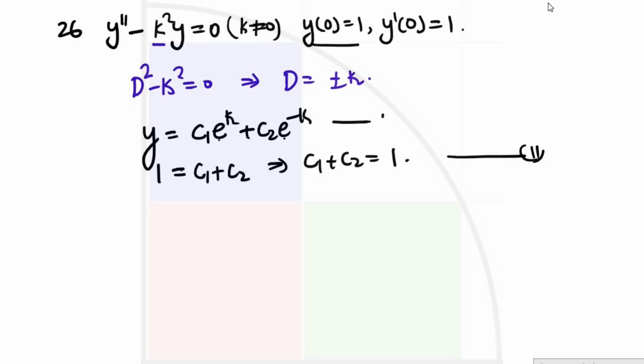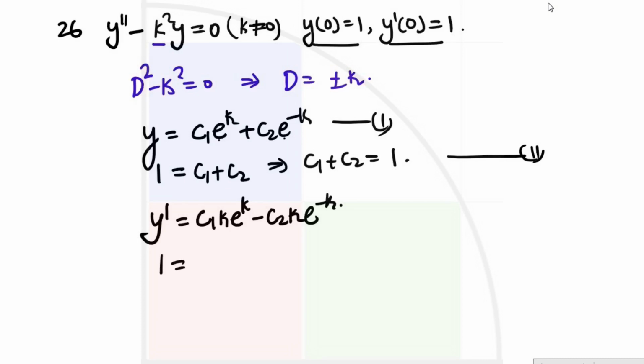This is 2, this is 1, and the first derivative will be y prime is equal to c1 k e to the power kx, and this minus will come out and it will become minus c2 k e to the power minus kx. And exactly the same method, we put x is equal to 0 and y prime is equal to 1, and here it will be c1 k minus c2 k, or c1 minus c2 is equal to 1 over k.